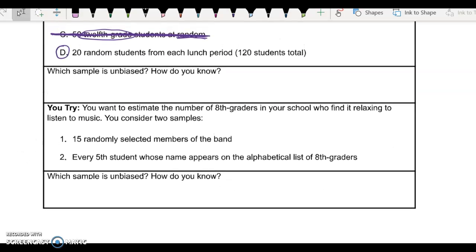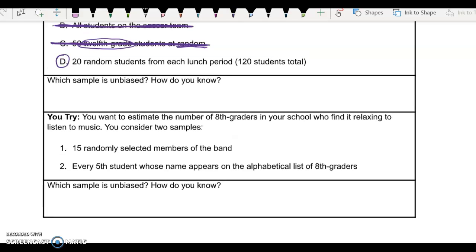Now I want you to try on your own, and when you're done, you'll check your answers with mine. So go ahead and pause this video. You want to estimate the number of 8th graders in your school who find it relaxing to listen to music. We need to consider these 2 samples and see which one is better and which one is not biased.